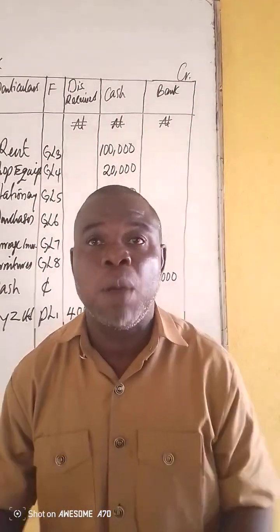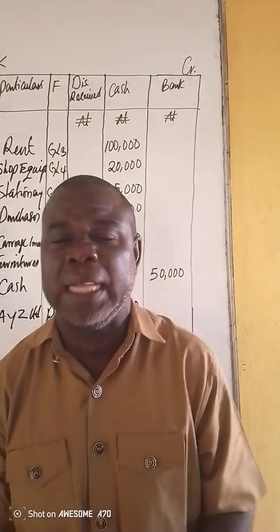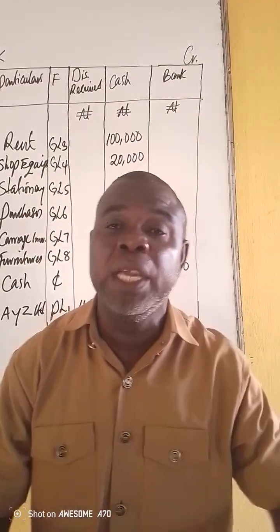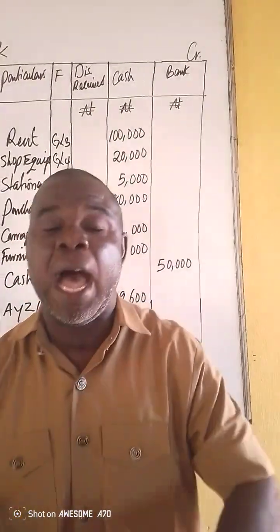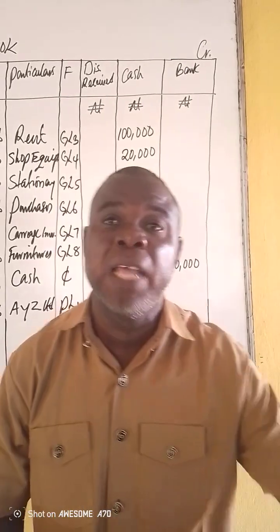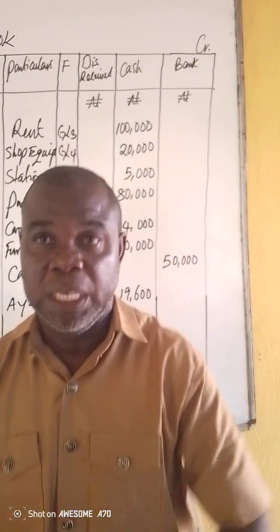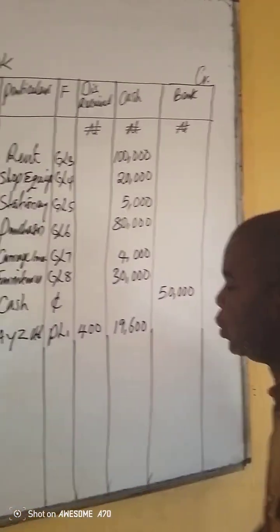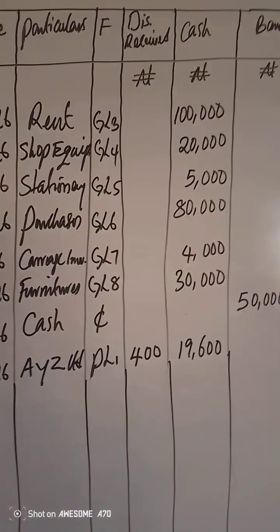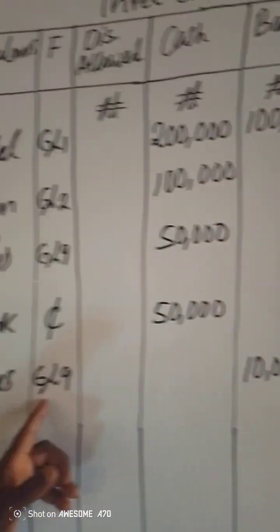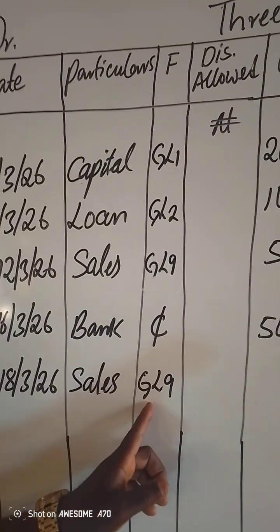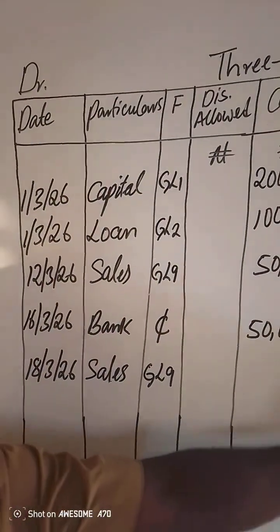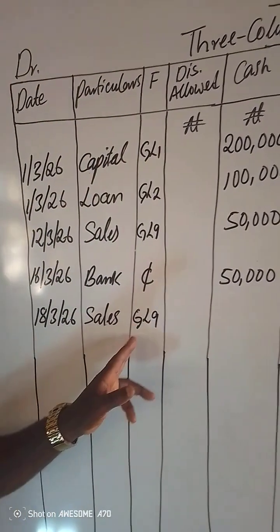Don't worry, I'm coming to have a full class or a full video that will treat folio, how folios are handled in double entry via the books of original entry. So even if you don't understand, follow my video so that you understand how folio works. Likewise, what happened here in folio? Some learners will be confused because the folio was trying to follow a serial order, but now we are repeating 9.